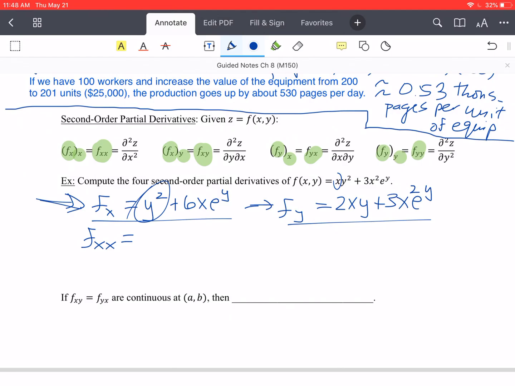And this one, derivative of x is 1 times all those constant terms. So this is just 6e to the y. And fxy, well, derivative of, again, this function with respect to y, that's 2y plus 6x e to the y.